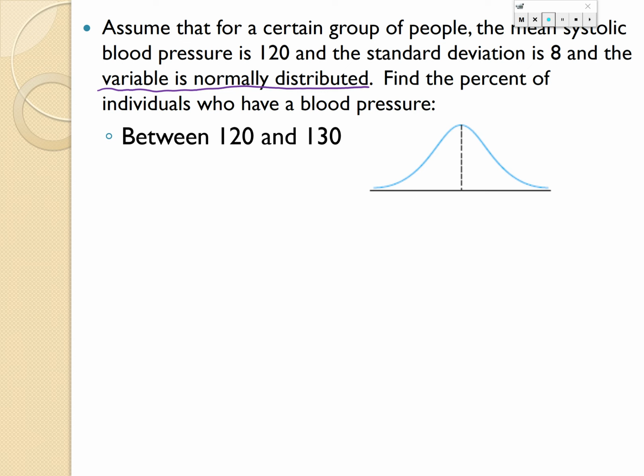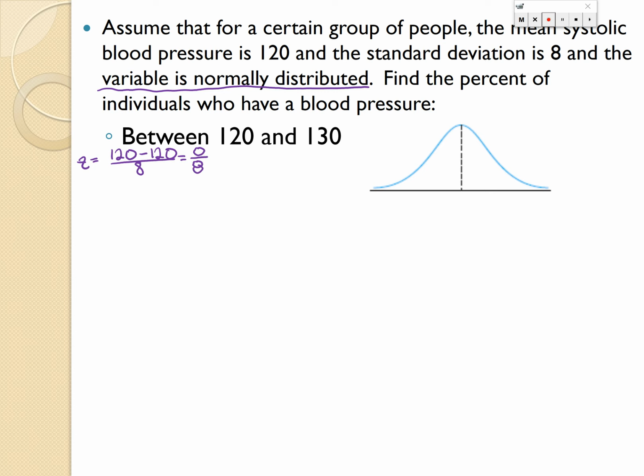So the first thing we have to do is change our normally distributed variables into standard normally distributed variables by finding our z-values. So to find our first z-value, data value, which is 120, minus the mean, which is also 120, divided by the standard deviation, which in this case is 8.